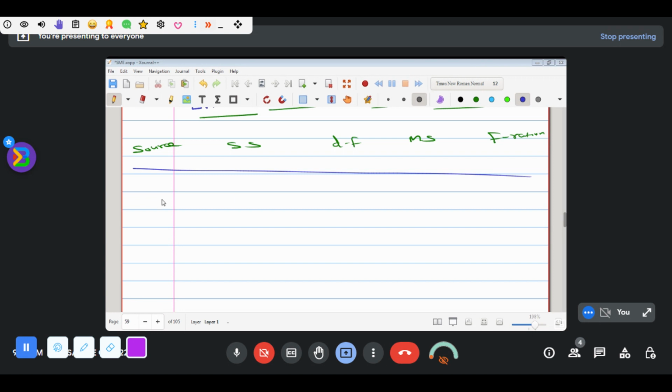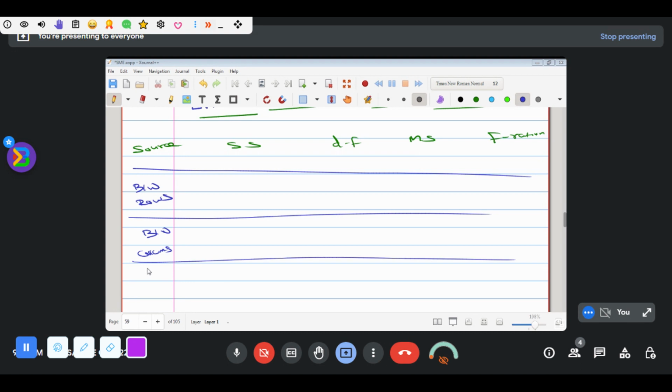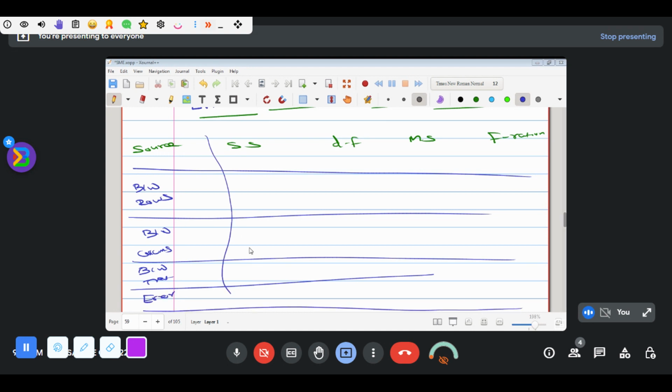One is called between rows, second is between columns, third is between treatments, and the fourth one is error. And the corresponding values are there. We already completed the previous calculation, up to the 11th part.